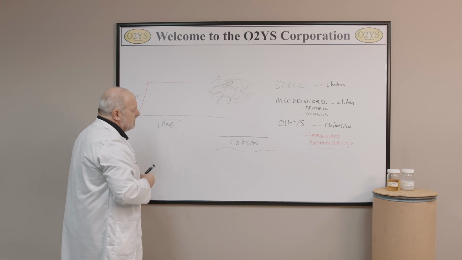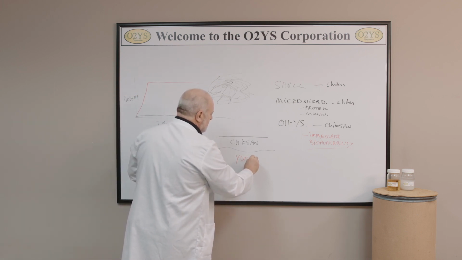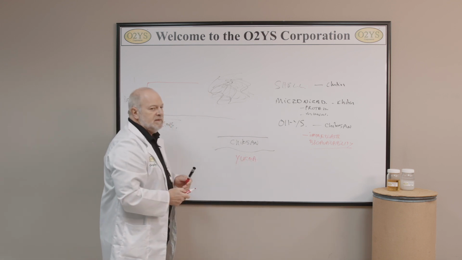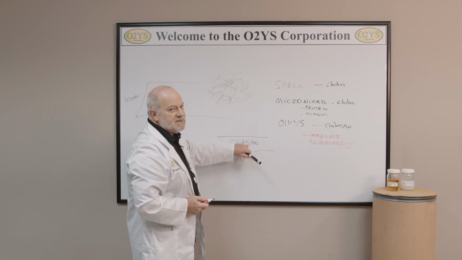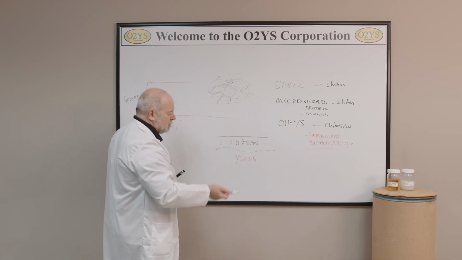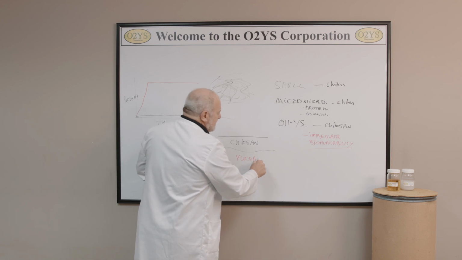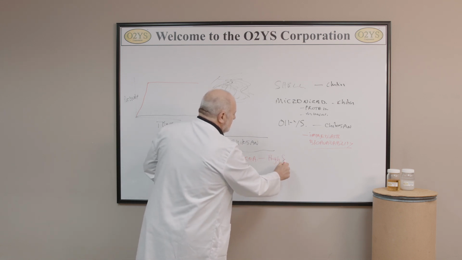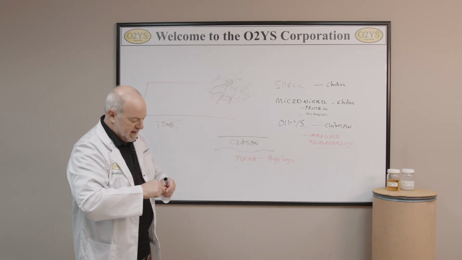And we also couple that with, in a lot of our products, yucca. And the yucca is a surfactant. And so the yucca facilitates the entry of these chitosan molecules into the leaf surface and inside the tissues or in the soil interstices. And the yucca also has a high sugar content, which helps to feed some of these soil microbes.